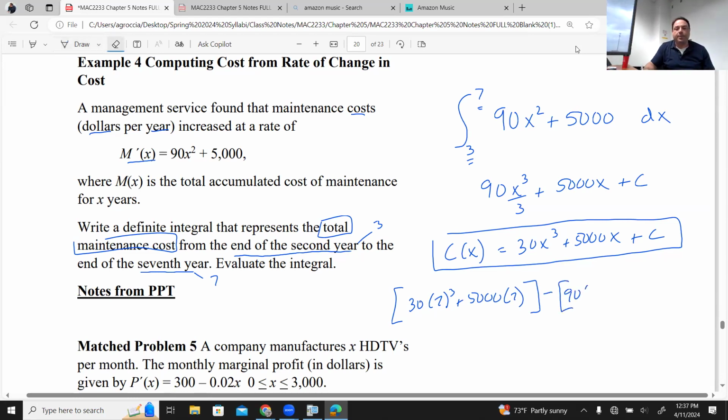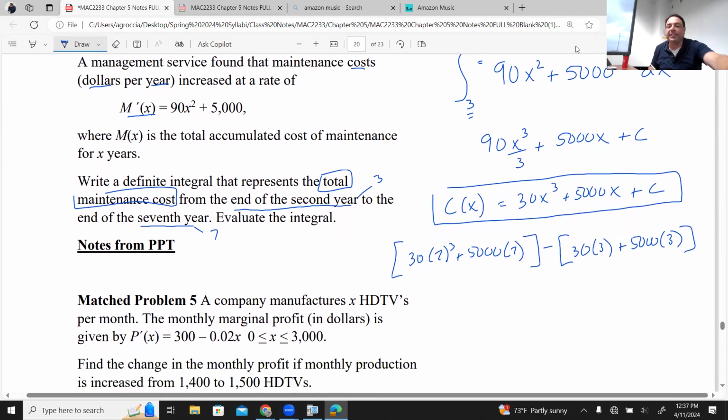30 times 3 plus 5,000 times 3. Okay, now to save a little time, again, please be careful typing it in. Please be careful with all that.